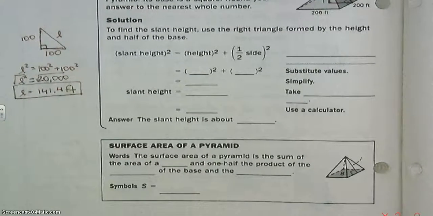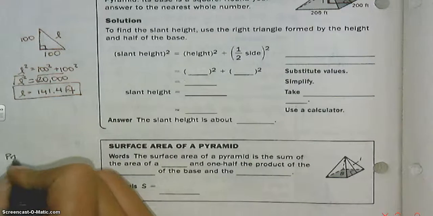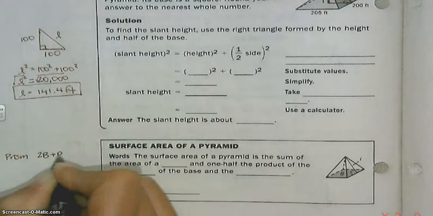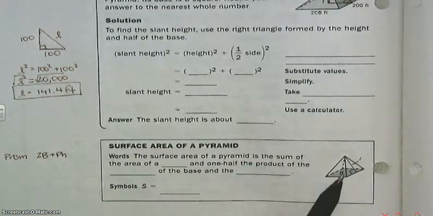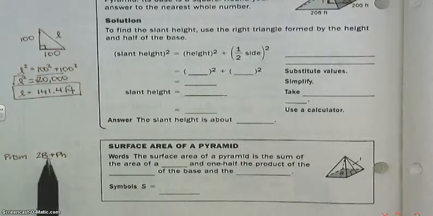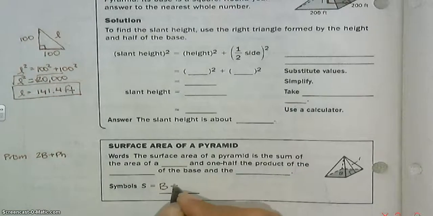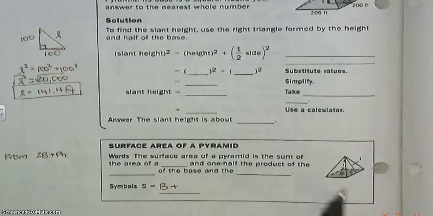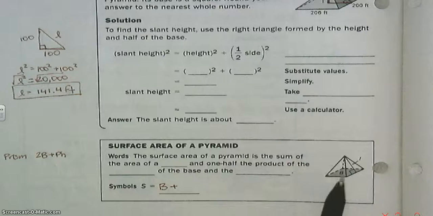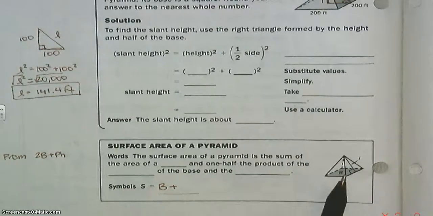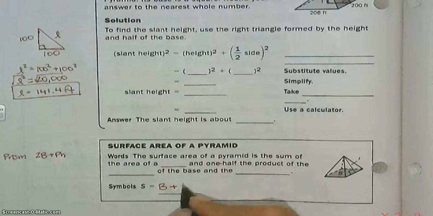To find the surface area of a pyramid, well, if you remember before, for a prism, we did 2b plus ph. But in a pyramid, there's only one base. So we're not going to do 2b anymore. We're just going to do b plus. Now all of the faces, these lateral faces, are triangles. For triangles, we always have to multiply by 1/2.